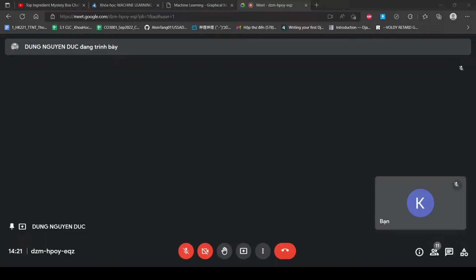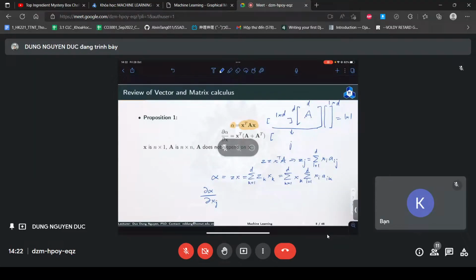Given this term, this is alpha. Now if you take the derivative of alpha with respect to x_j, for example, with too many subscripts that may make you a little confused, it's a vector, so I'm just checking components of that vector.